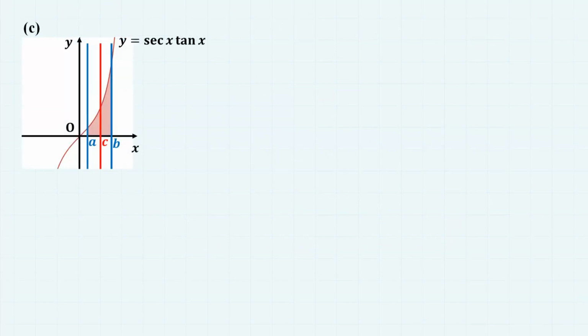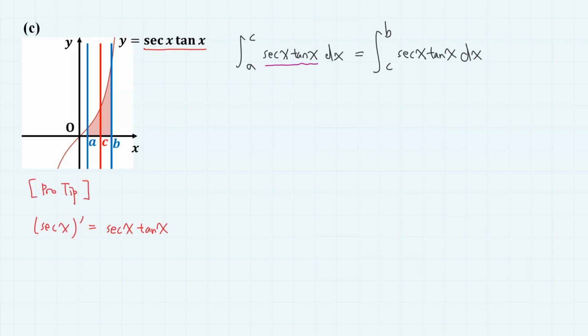And the final one with the graph of secant x tangent x. So first we write the integral of secant x tangent x from a to c equals the integral of secant x tangent x from c to b. And I think many of you are already familiar with this function, secant x tangent x. It is the derivative of secant x.